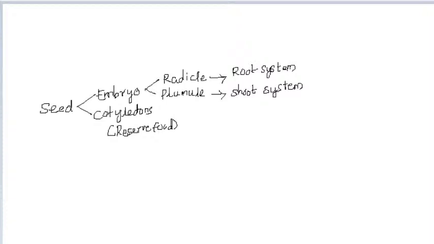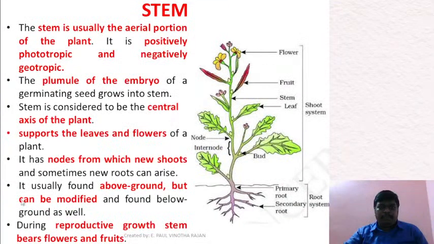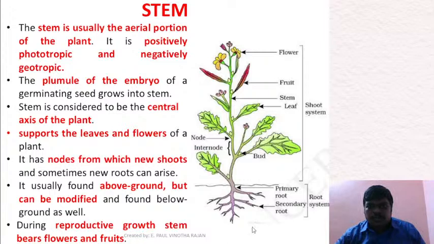So that's why I told you the plumule forms the shoot system, and the radicle forms the root system. You can see it here.